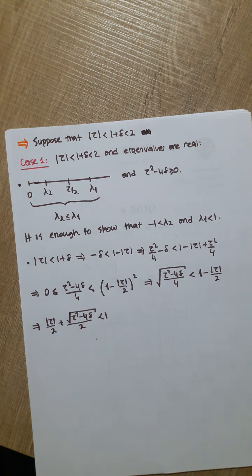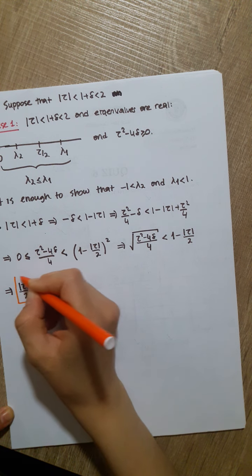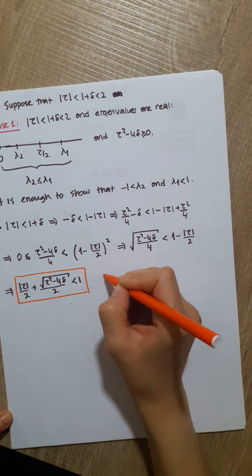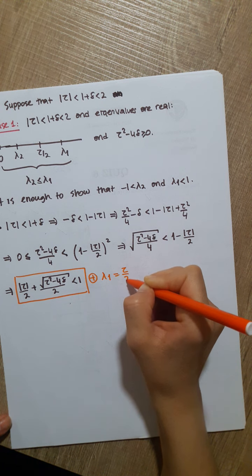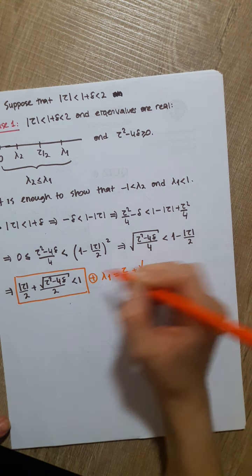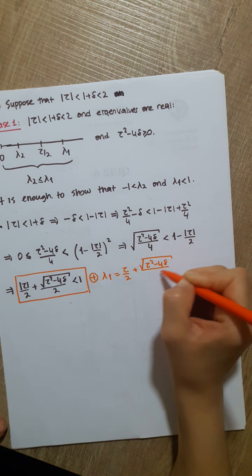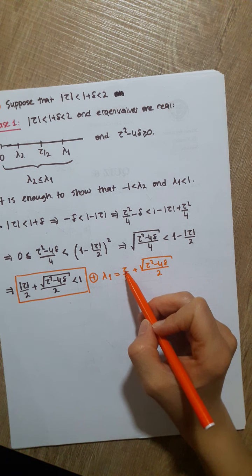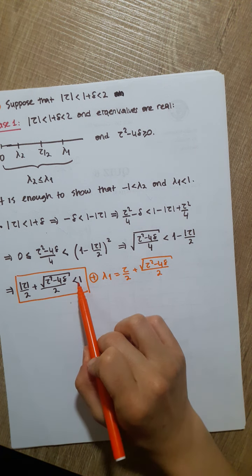We know that. Okay. We have obtained this. On the other hand, lambda 1 is tau over 2 plus this part. If tau is positive, they are equal. So lambda 1 is less than 1.